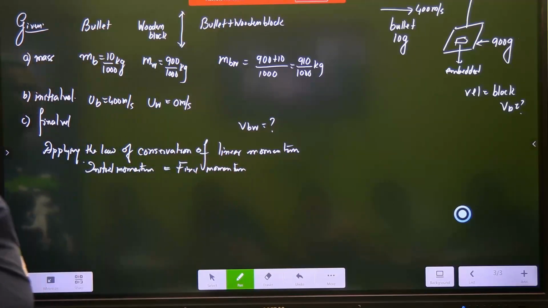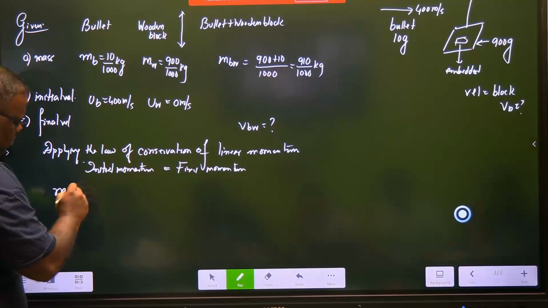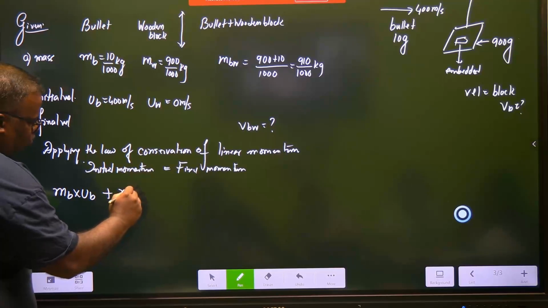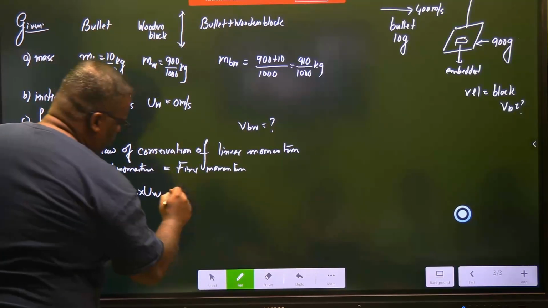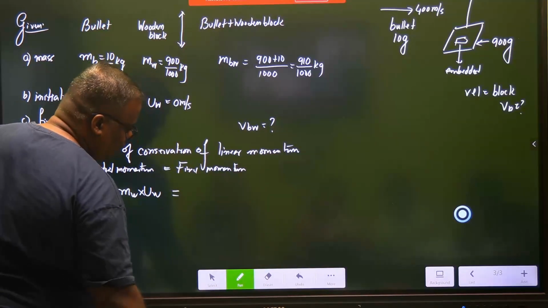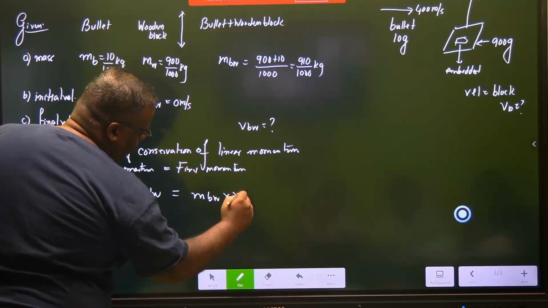Now you start thinking, what is the initial momentum? You had a bullet, MB, multiplied by the initial velocity of the bullet. You had a wooden block multiplied by the initial velocity of the wooden block. This should be equal to, where did the bullet go? The bullet got merged with what? The wooden block. So MBW into VBW.